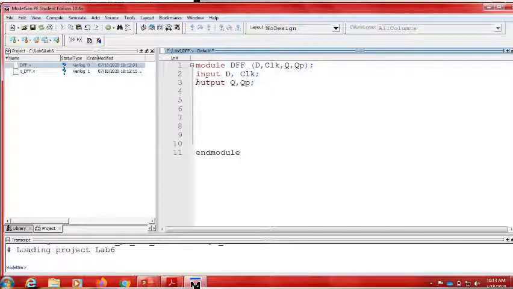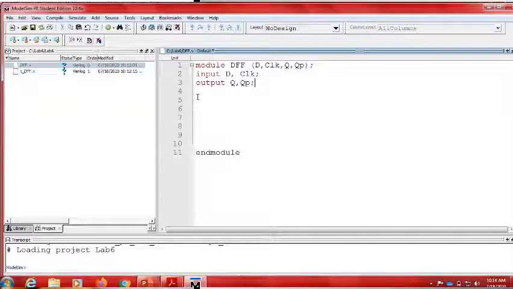Now what you have to do is first of all consider the diagram which we have discussed earlier in our session, and see the interconnections that are required to interconnect the gates, because we have to define wires here if we are not using that SR latch which we have implemented, and in the same case we do also need to define some wires here.